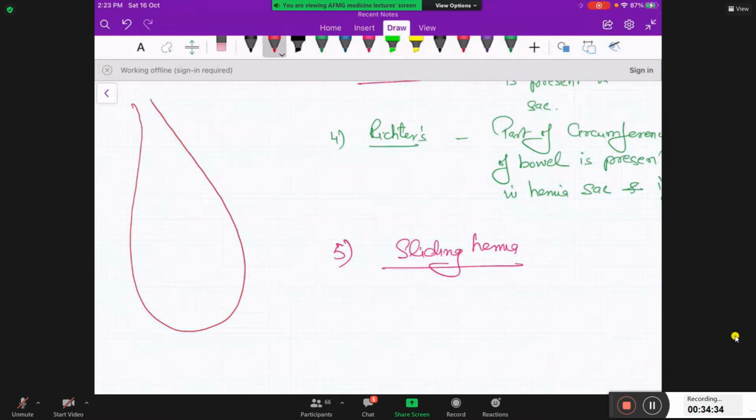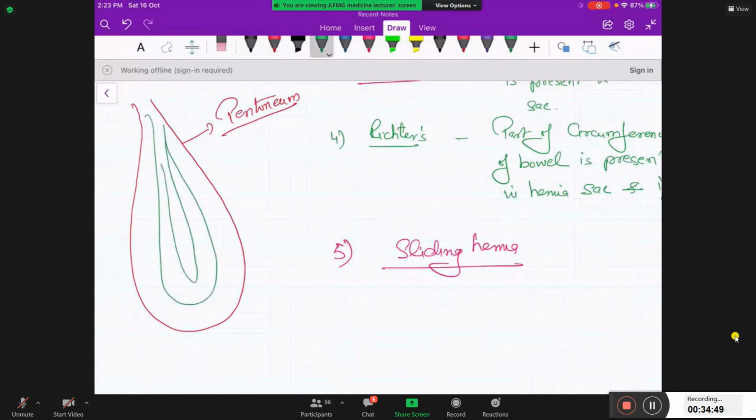The sac of a hernia is nothing but peritoneum. Inside this sac there can be intestine, which is enterocoele, or omentum, which is omentocoele. So in a hernia, most of the time, the contents are inside the sac.